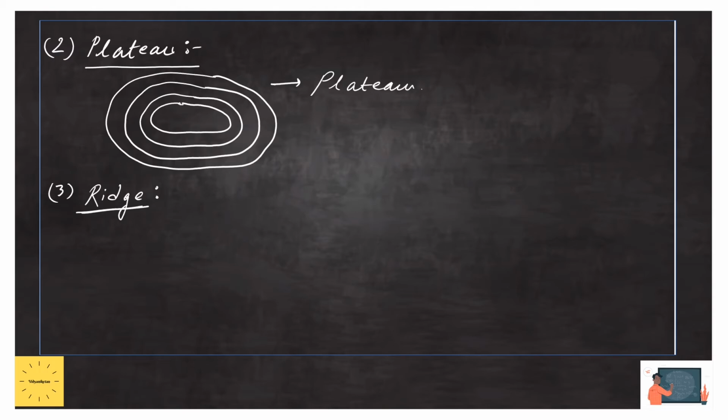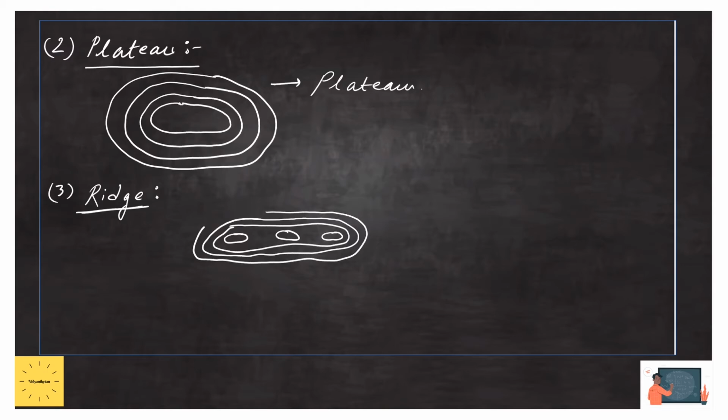So in case of ridge, there are some small contours like this, and these are the widely spaced contours. Okay, so this is forming ridge. Now look, these are the highland region, right?